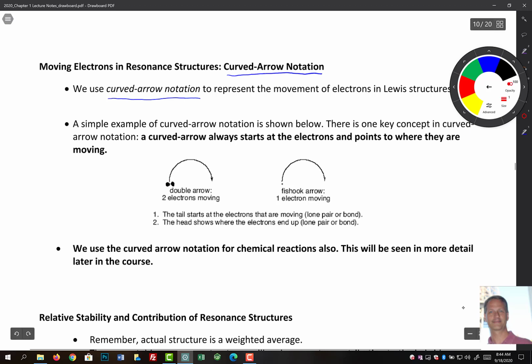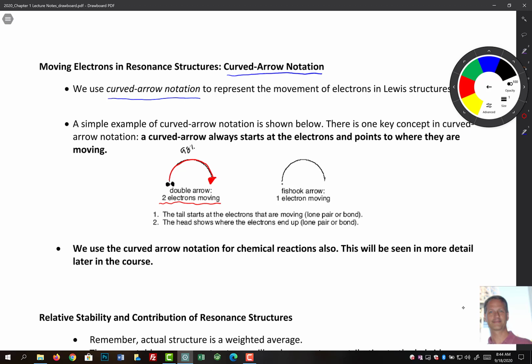So what we do is we start off where they are and we come around here and we use a full arrowhead like this. Okay, so again, it shows two electrons moving, right? Now, the tail starts at the electrons that are moving and the head shows where they're going to go. So for us, this is probably going to be about, I don't know, maybe 98% of the time.